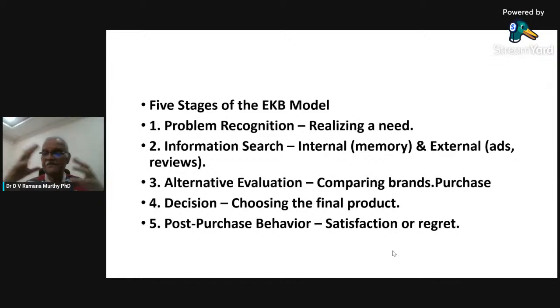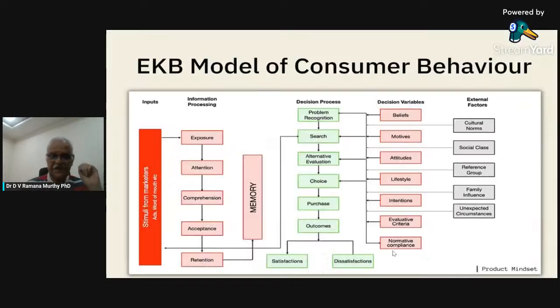When he regrets the purchase, post purchase behavior is totally negative and there can be no repeat buying. Not only that, he speaks a very bad word of that particular product. Clear? If he is satisfied, yes, he is a spokesperson and he is the best advertising medium for your product. That's all about post purchase behaviors.